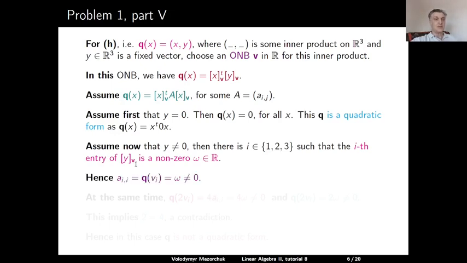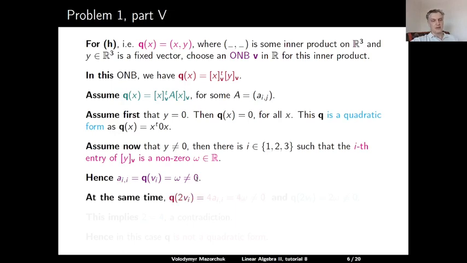Then, if we evaluate our quadratic form at Vi using the matrix expression, we would get AII. And if we evaluate it using the inner product expression, we will get omega. So AII should be equal to omega, and this should be a non-zero real number.